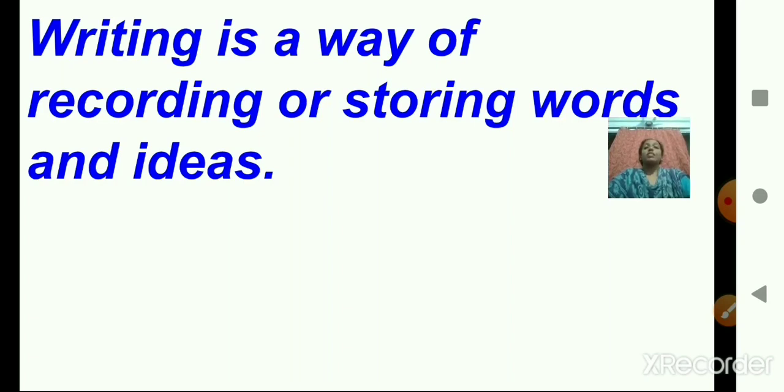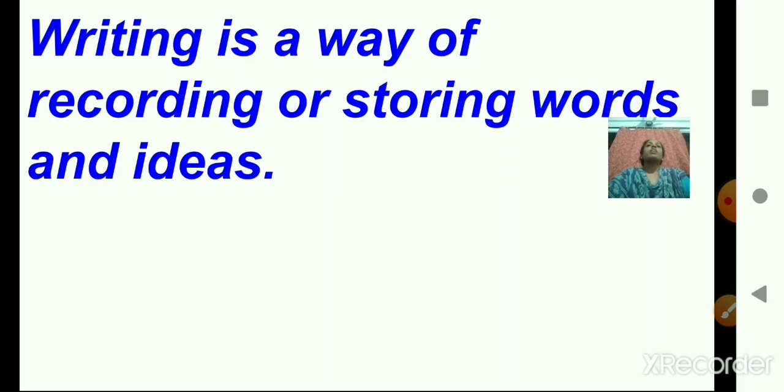That means if you write and keep, you have a record with you, isn't it? The words are stored on the pages. Correct. People can read them at any point of time, at any place, according to their own convenience.